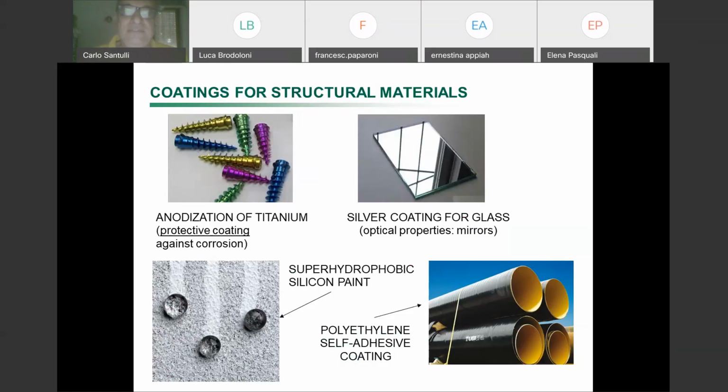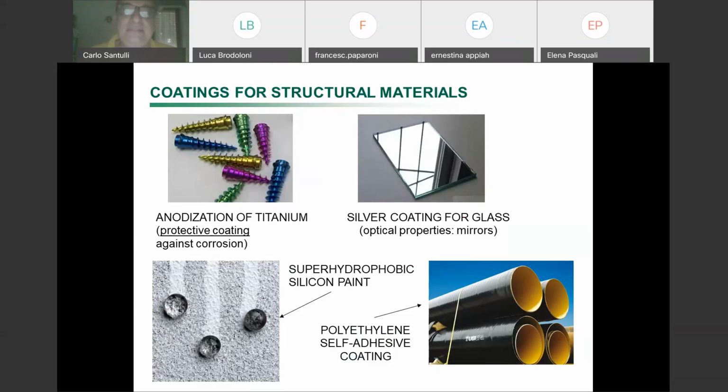Another important function of coatings, which are not structural materials but may be applied to structural materials, is of course bonding. You may have adhesives which are applied to materials in order to make them adhesive or make them self-adhesive, so therefore adhesive to themselves and to seal the material, the structure.